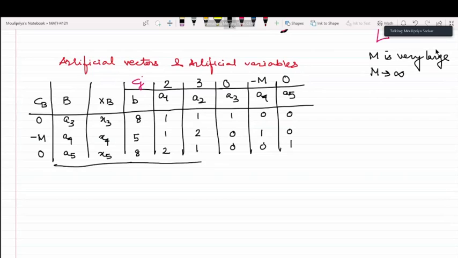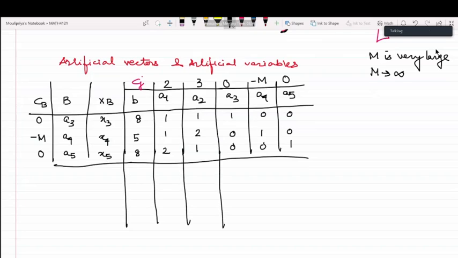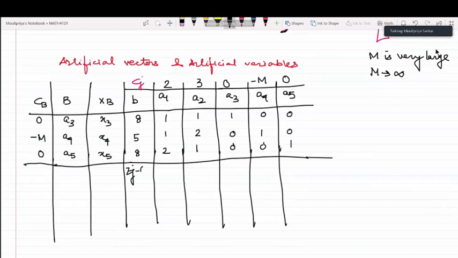And as usual, your first step would be to calculate the index number, Zj minus Cj. What is Zj minus Cj for A1?